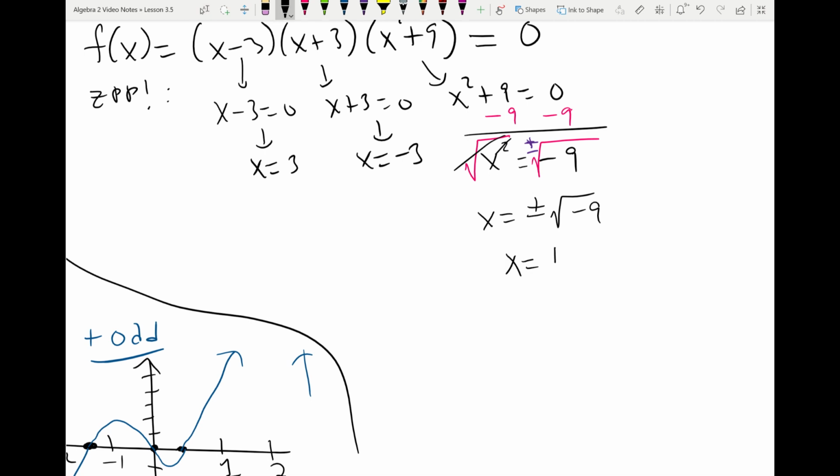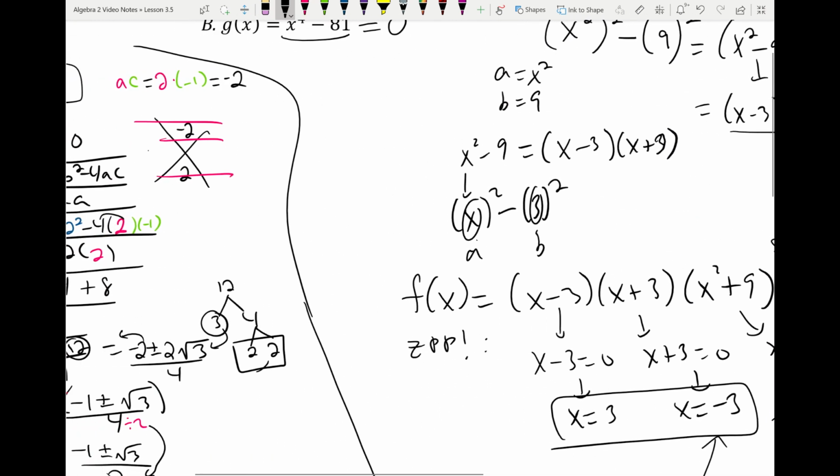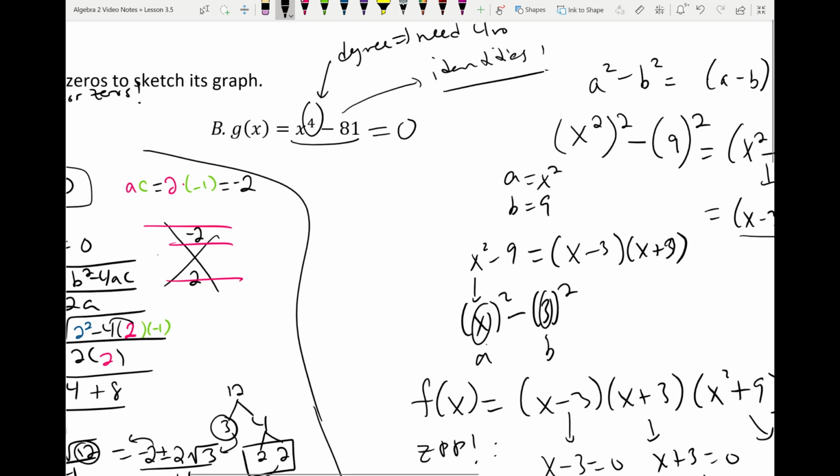We know the square root of 9 is 3, but since it's negative, we're going to use i. So we have a total of 4 roots, or zeros. And that makes sense because our degree here is 4, so that means we need 4 roots.